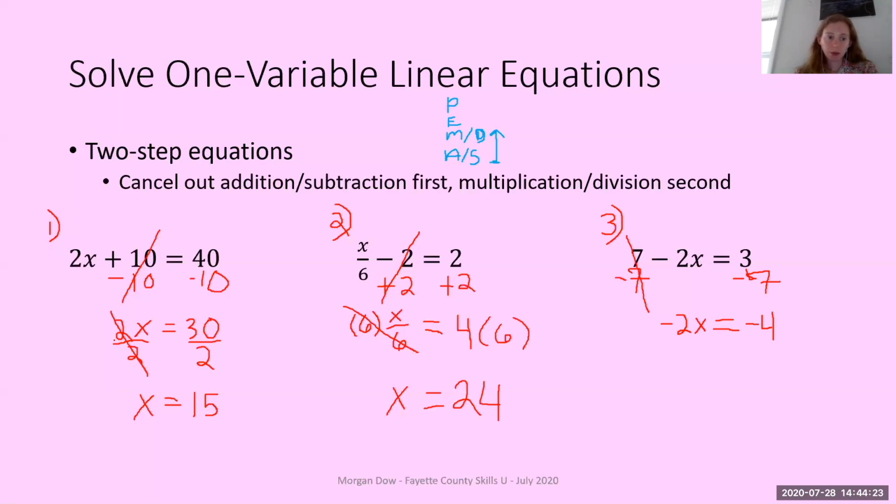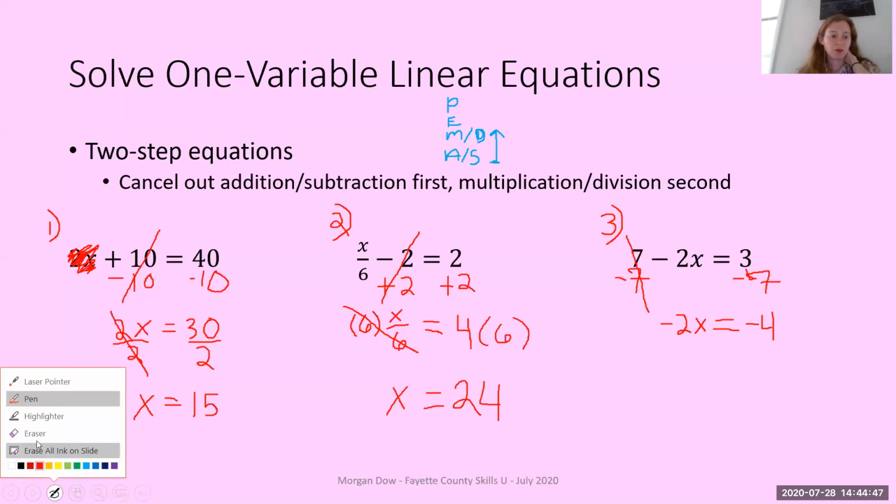So for example, in the first example here, if we were to just block out this 2x, if we were to ignore it, we would see that we just have a plus 10 or a positive 10. And how do you get rid of a positive 10? How do you make it disappear? Well, you need to take away 10. You need to minus 10.